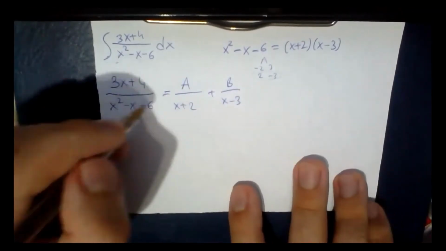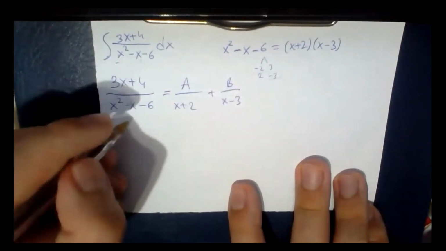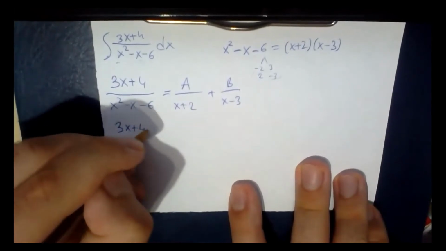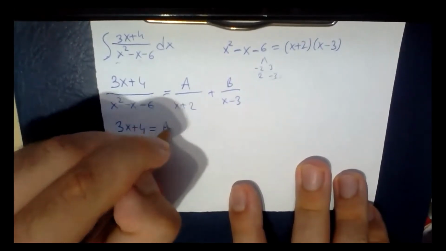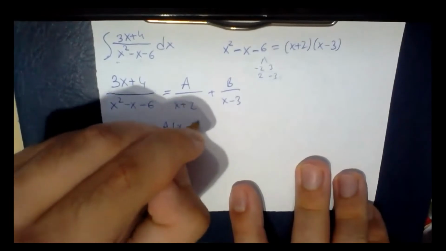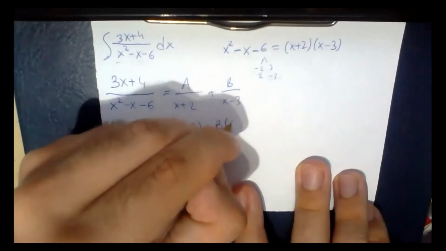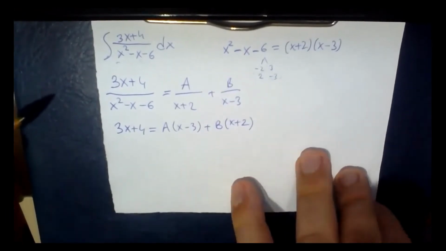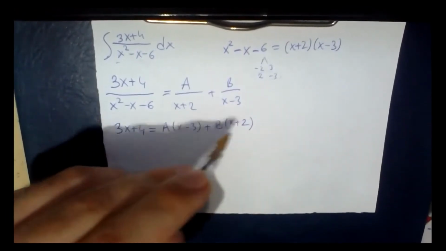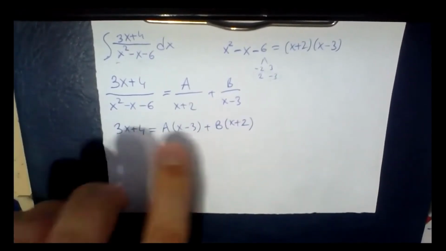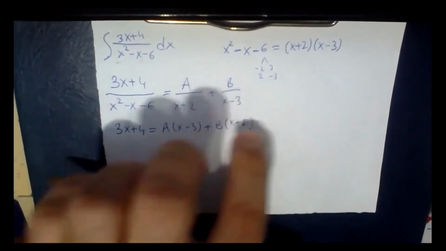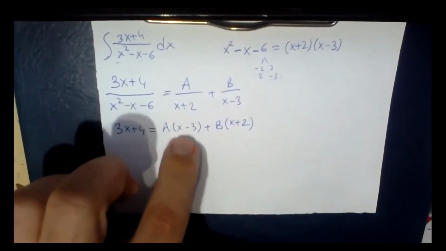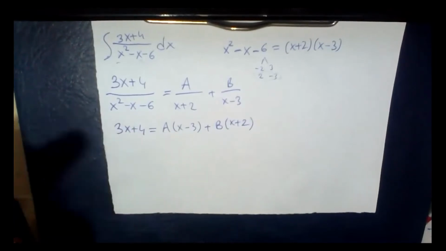Then let's synchronize the denominators. We will have 3x plus 4 equal to a times (x minus 3) plus b times (x plus 2). In previous questions, we distributed a and b, and after adding terms, we found another polynomial, and we set coefficients of the same power of x equal to each other.